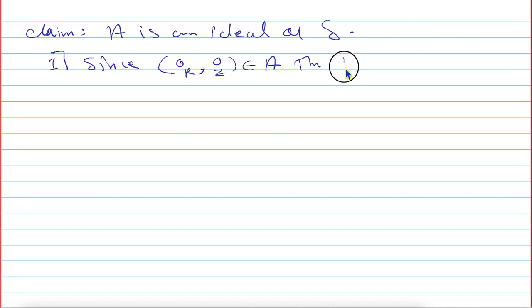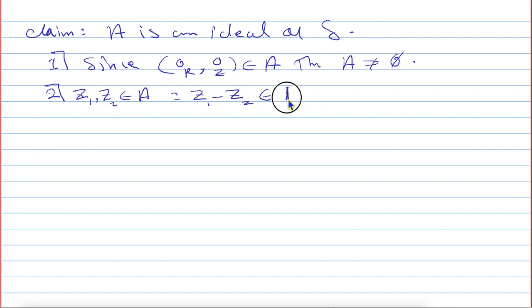Then A is non-empty. And second, we need to prove that for any Z1 and Z2 in A, Z1 minus Z2 must also be in A.